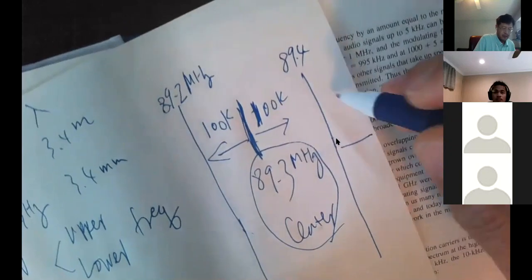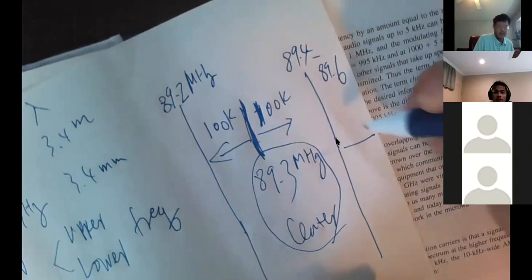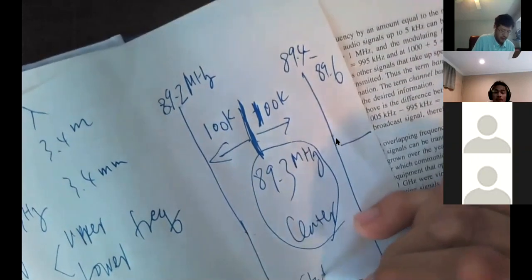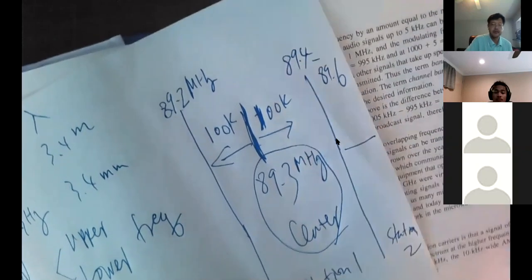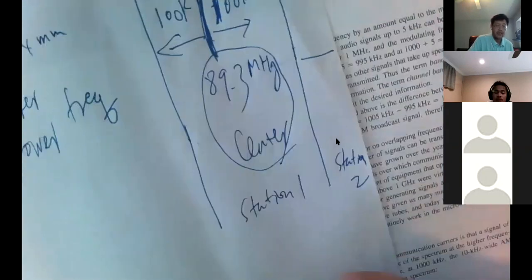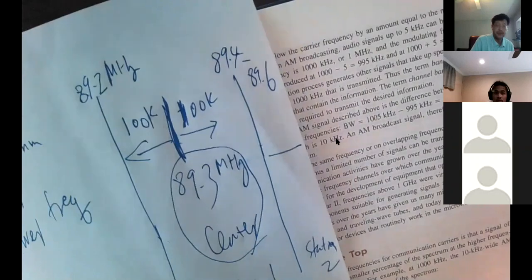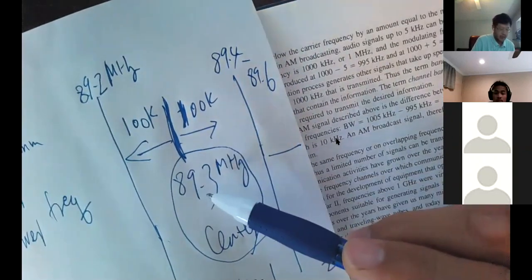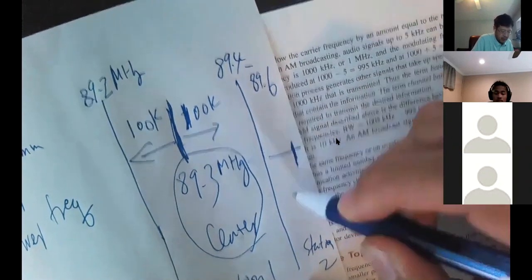What about the frequency above, 89.4 to 89.6? That will be a different station. So you have station 1, you have station 2. When you listen to FM radio, when you tune to the first station, you're listening to 89.3, and for the second station, what is the carrier? 89.5.